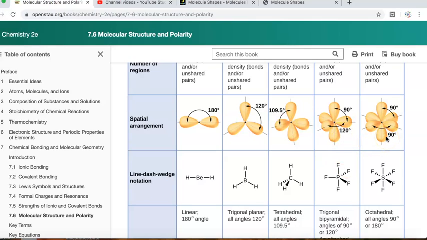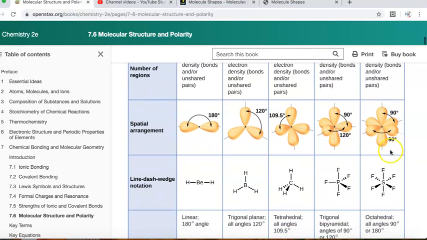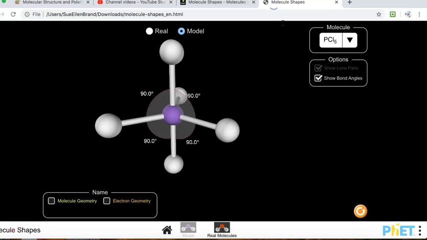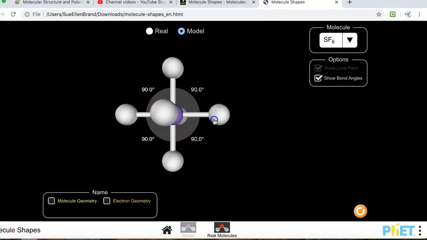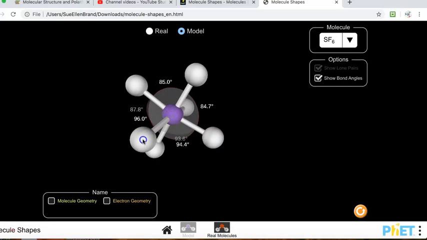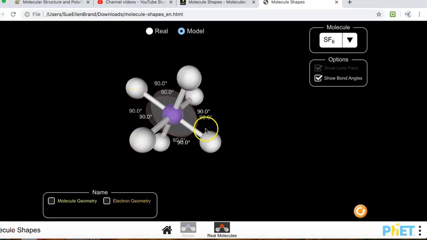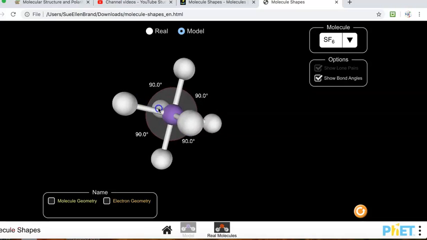And then the last one, when you have 6 electron pairs, that's referred to as octahedral. So with octahedral, you have, instead of a base of 3 in the same plane, a base of 4. So an example of that would be SF6 here, and you see we have a base of 4, 1, 2, 3, 4. They're in the same plane. You can see that.